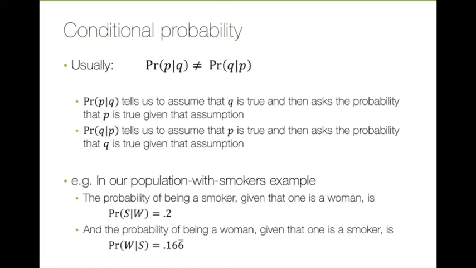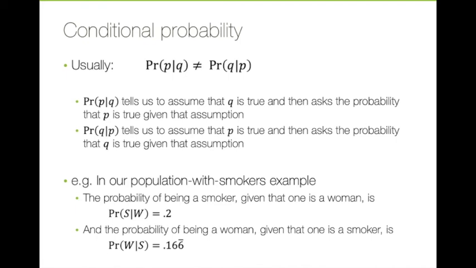So usually the probability of P given Q is going to be different from the probability of Q given P. So the probability of P given Q tells us assume Q is true. Then it asks you the probability that P is true given that assumption. The probability of Q given P tells you assume P is true. And then what proportion of the time is Q true when P is true?